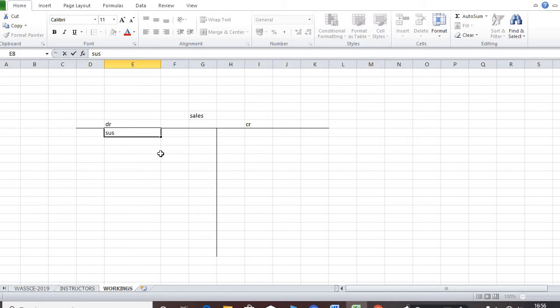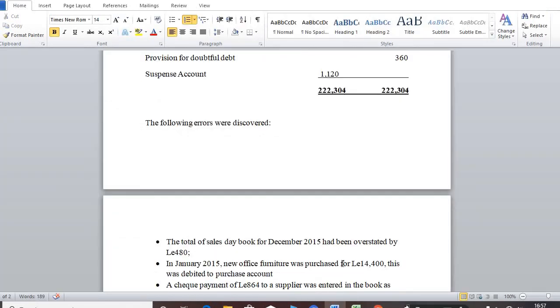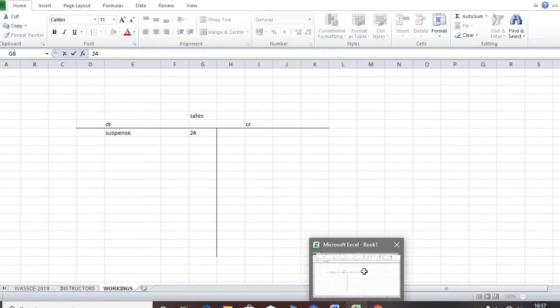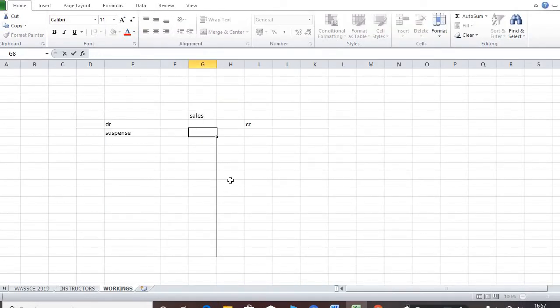So here we are going to debit the sales account in the name of Suspense, with the amount of 480, and the corresponding account will go to the Suspense account, as I said. So you also have to open the Suspense account.